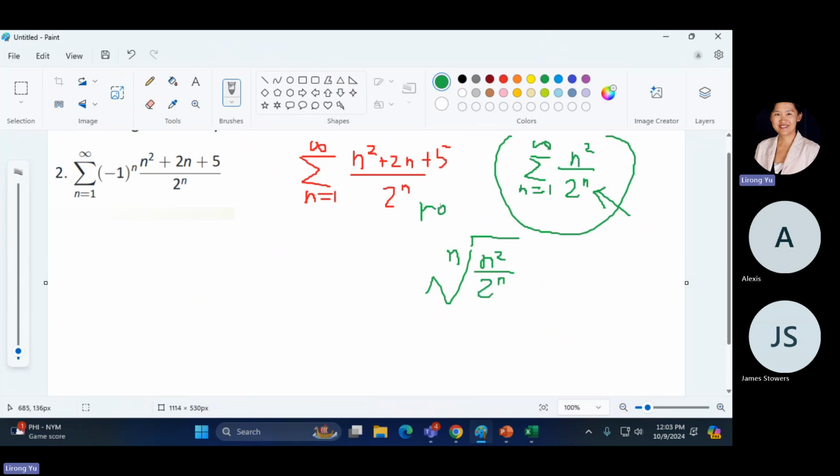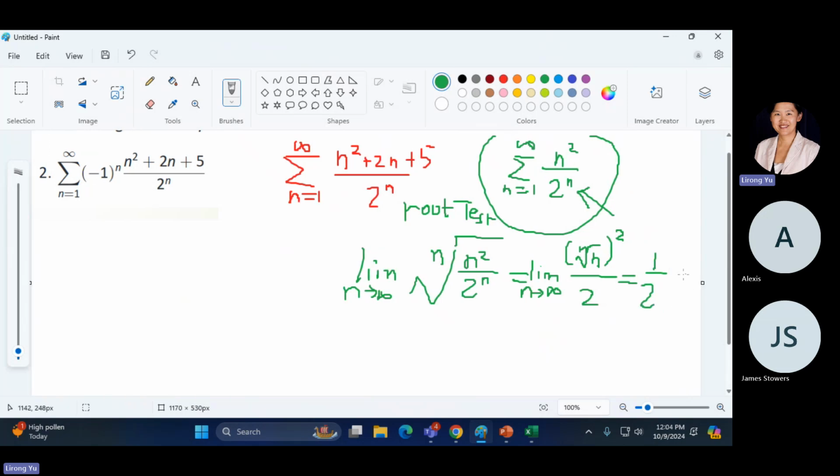When n goes to infinity, this is equal to the limit where the denominator is the nth root of 2^n, which is 2, and the numerator is the nth root of n squared. We can move the square to the outside because the operation can be moved to the outside. As n goes to infinity, the nth root of n goes to 1, so it's 1 over 2.